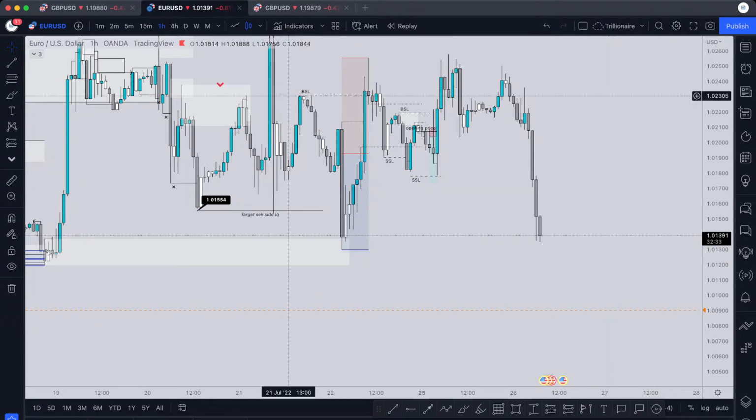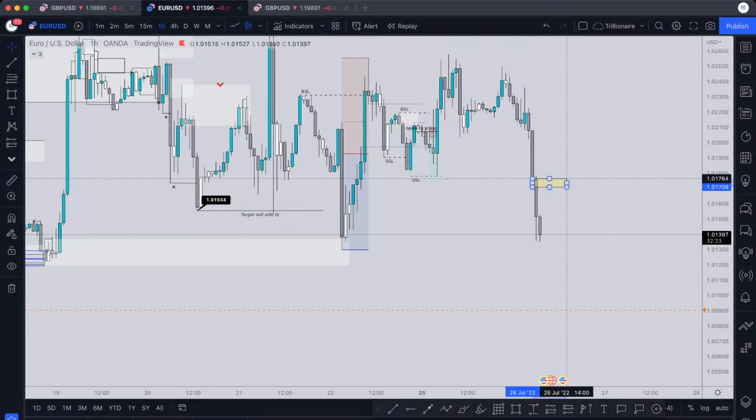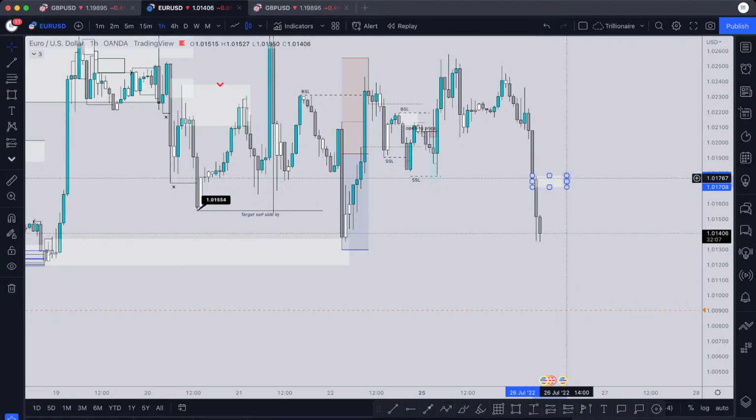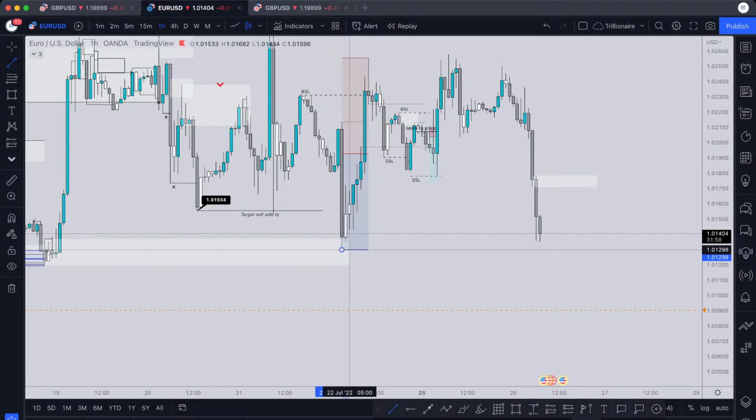As it relates to EURUSD, we can see that we just have pretty much bearish momentum to the downside. We do have some supply here. We have sell side liquidity here, which more than likely price is going to target.